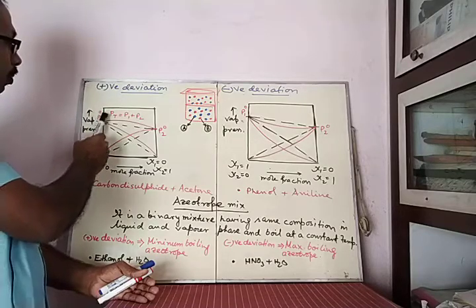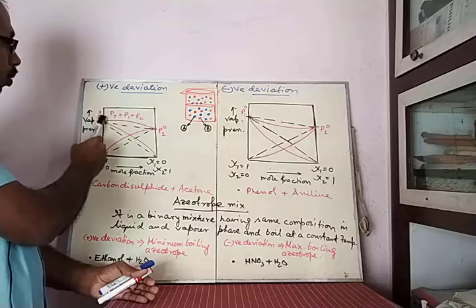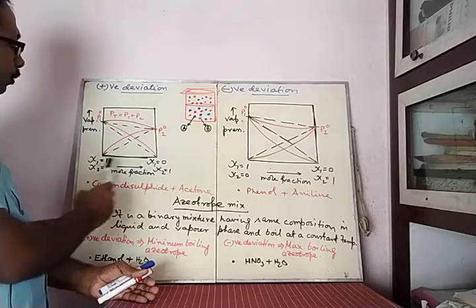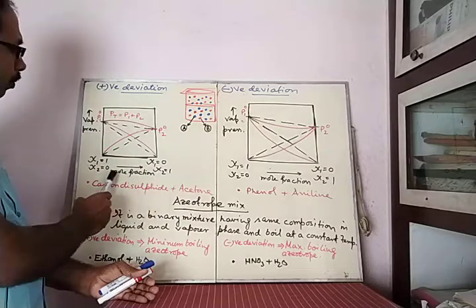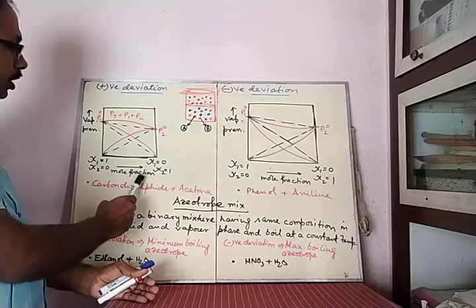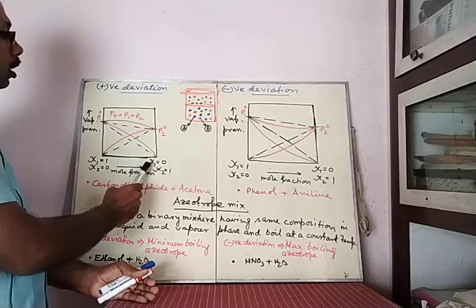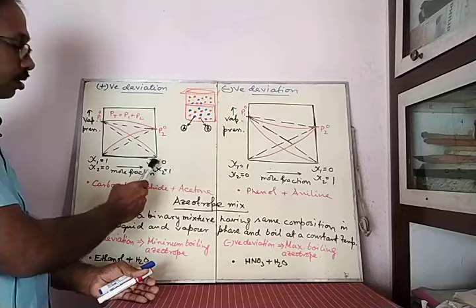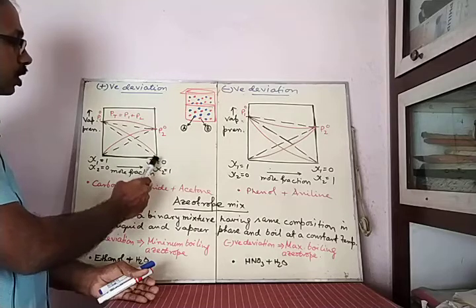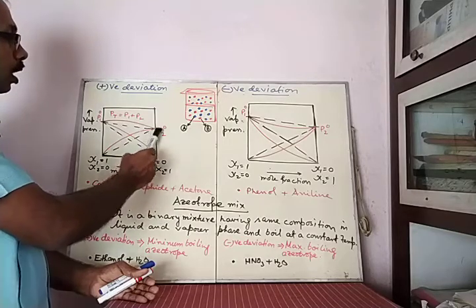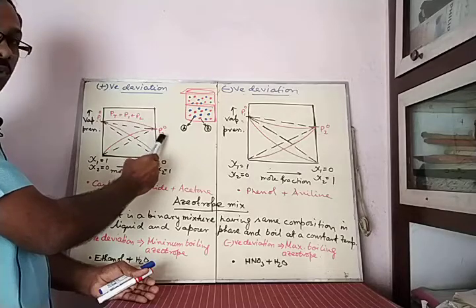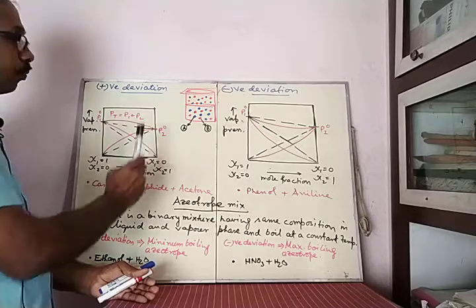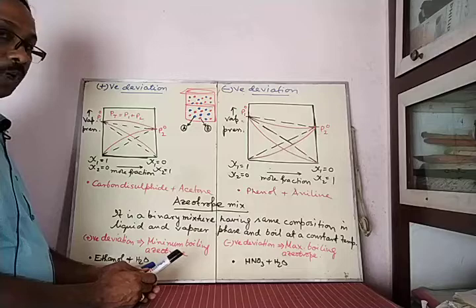Its pure component vapor pressure is P1 zero, and the mole fraction chi2 is gradually increasing, and at this point the mole fraction of component 1 is 0 and that of component 2 is maximum. Therefore at this point the vapor pressure for component 2 is P2 zero. It is that of the pure component.